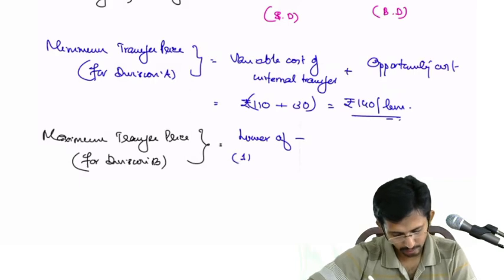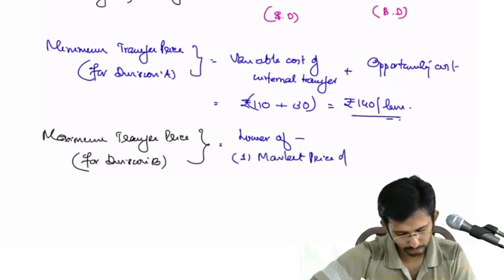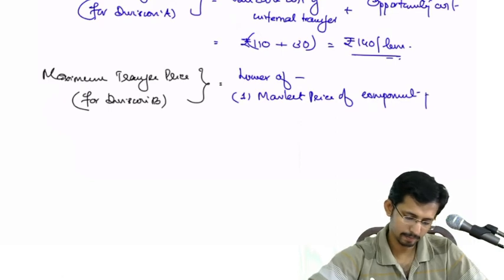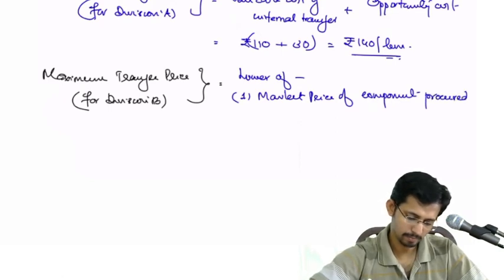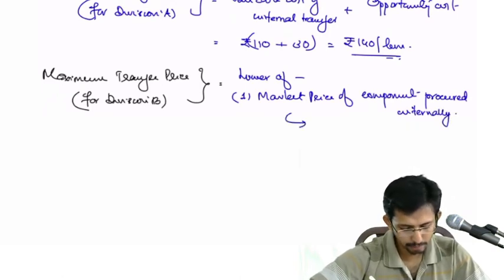One, market price of the component procured internally. Okay, what market price? Market price from the perspective of the buying division.